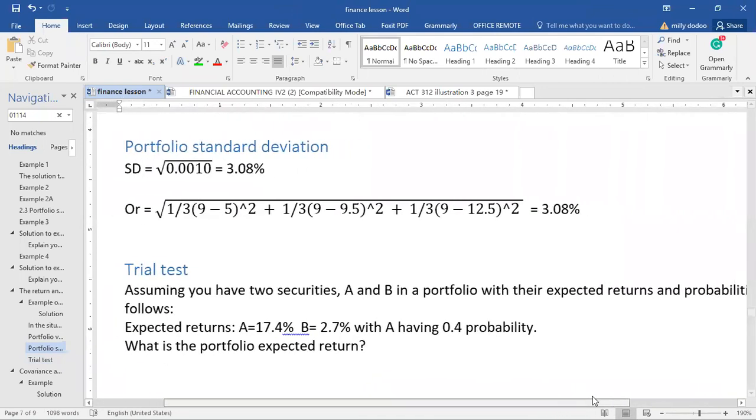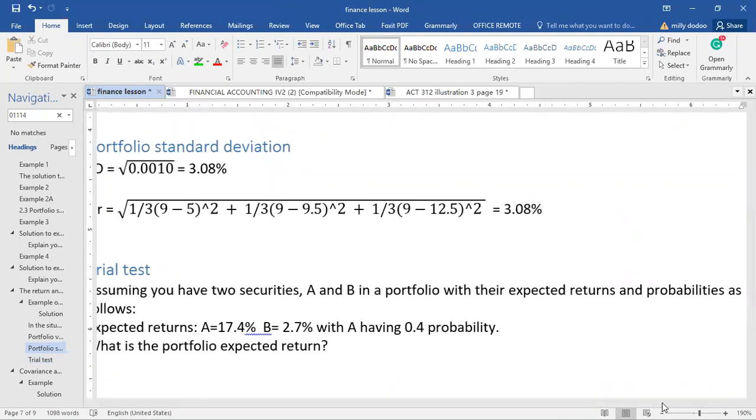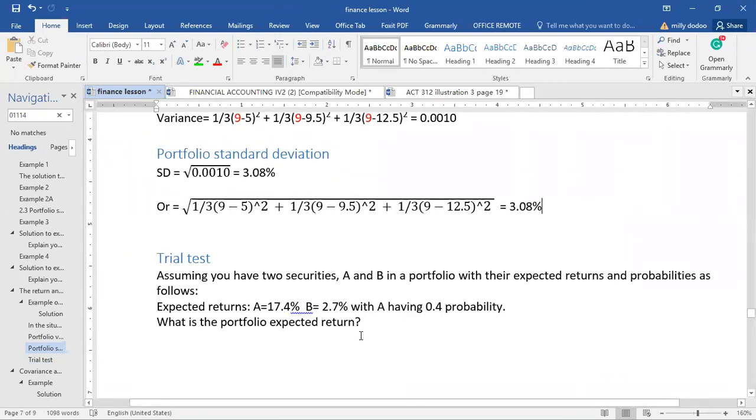So you copy it. I have a trial test for you. Assuming you have two securities A and B in a portfolio with their expected returns and probabilities as follows. Expected return of A is 17.4.